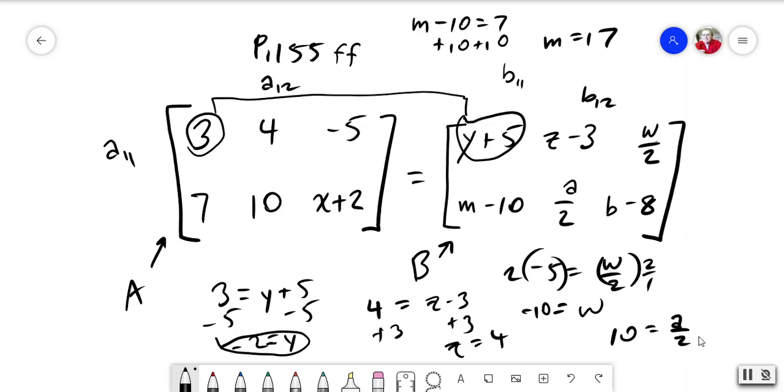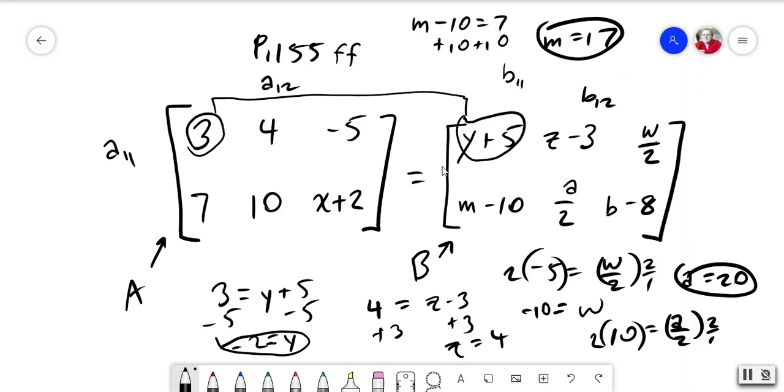10 equals a over 2. As I'm slowly running out of room. Multiply both sides by 2 over 1. So a equals 20. Guess I should be circling all these answers, just to be a good citizen about it. Got 1, 2, 3, 4, 5 answers.